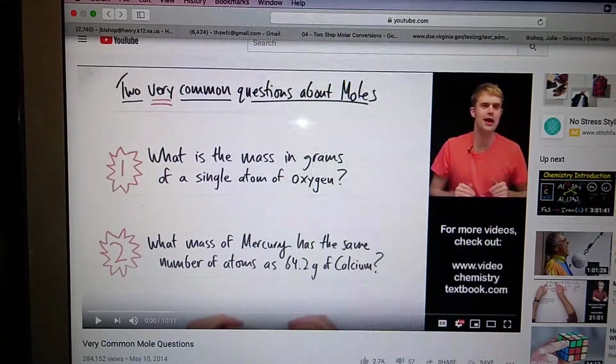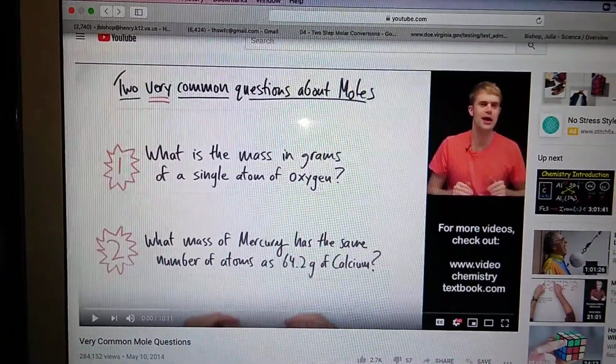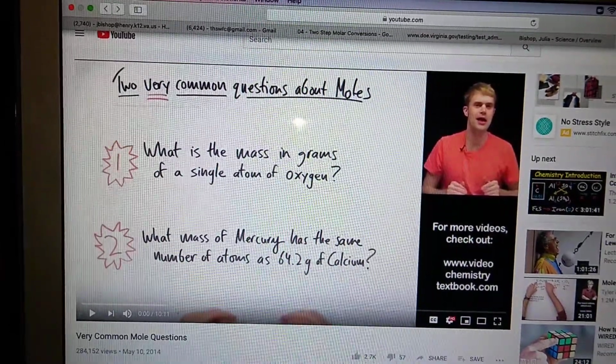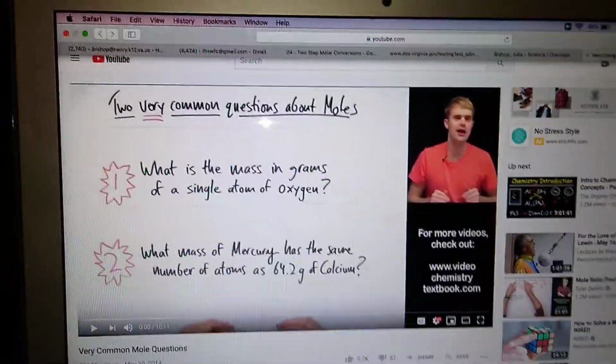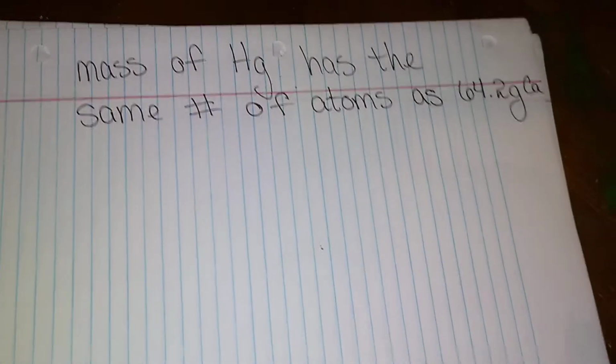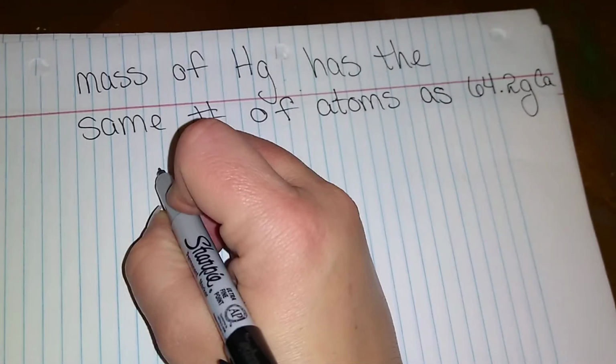So the first thing we have to do is actually figure out how many atoms are in 64.2 grams. So this is, like I said, a two-part problem. So you have to do it twice. So the first thing we do is we set it up. What do we have?